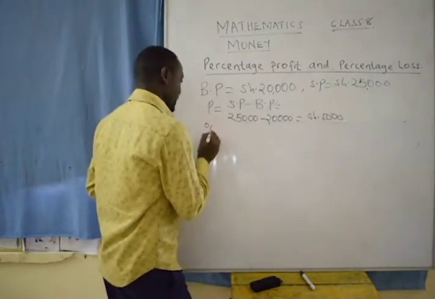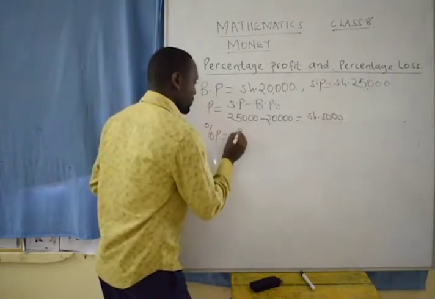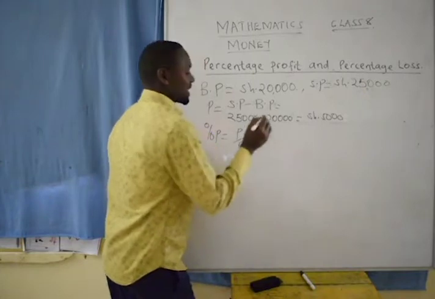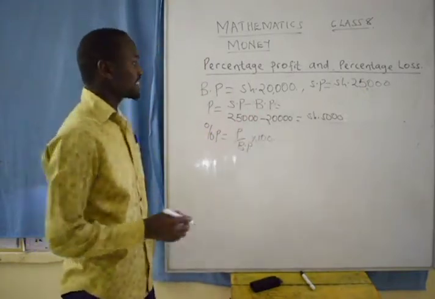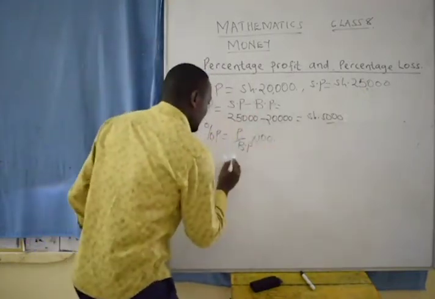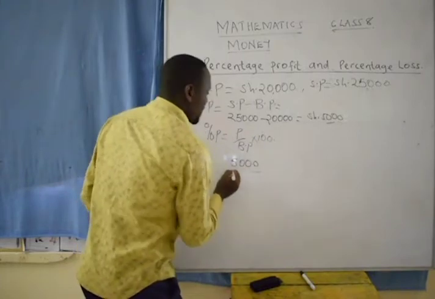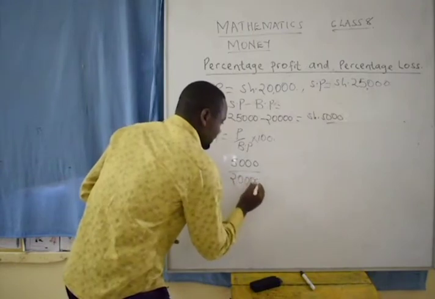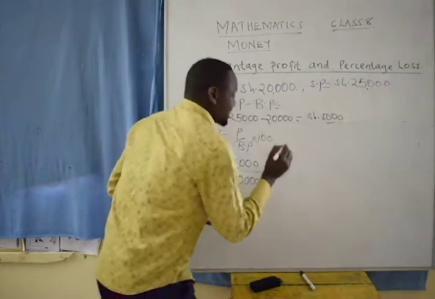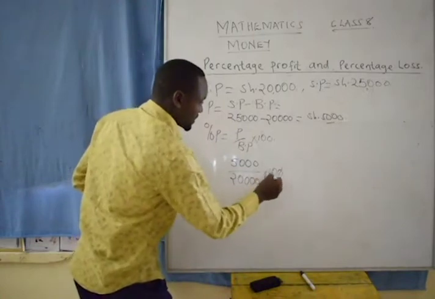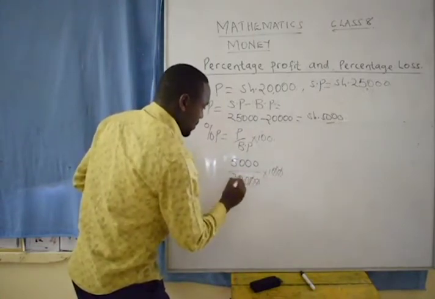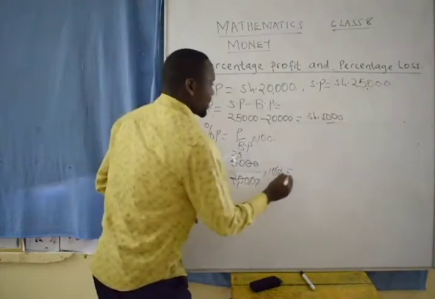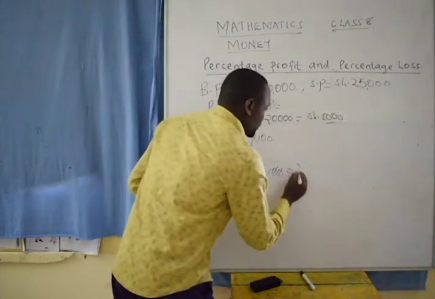Percentage profit is given by the profit over the buying price times 100. Here, our profit is 5,000 shillings over the buying price, which was 20,000 shillings, times 100. We simplify, and the percentage profit was 25%.